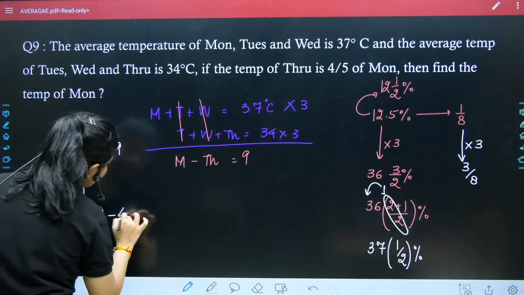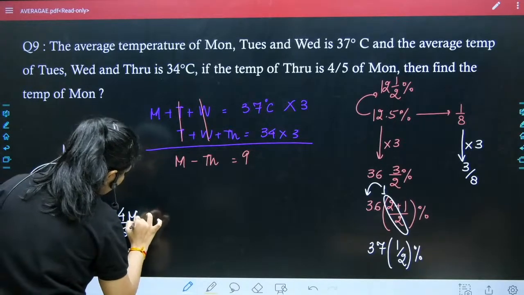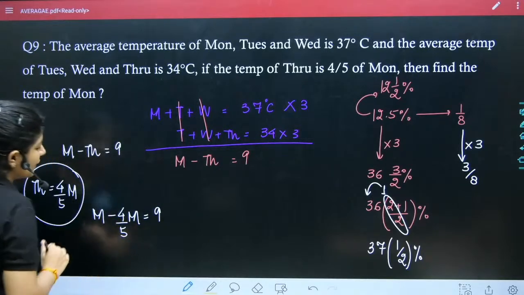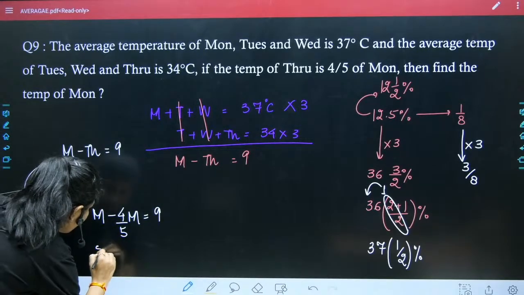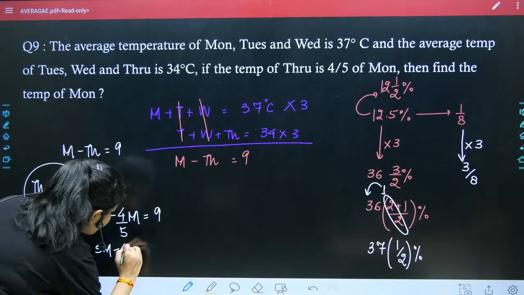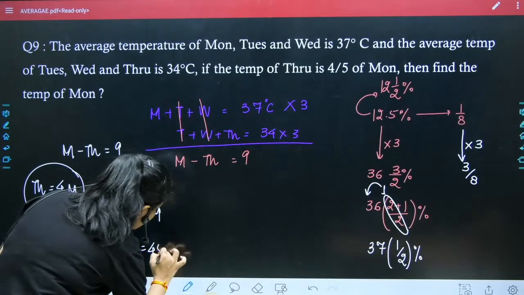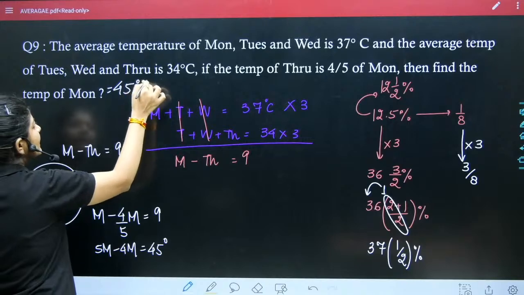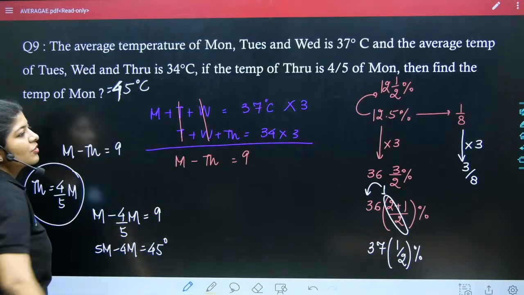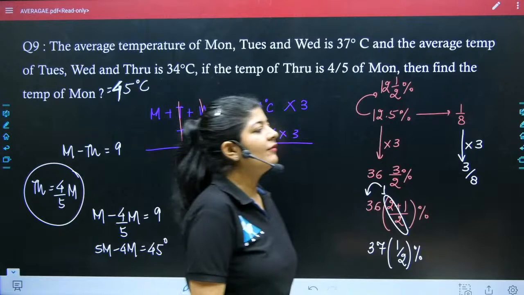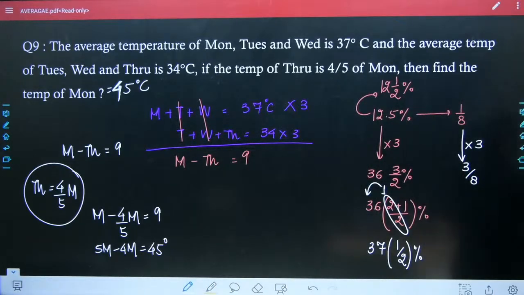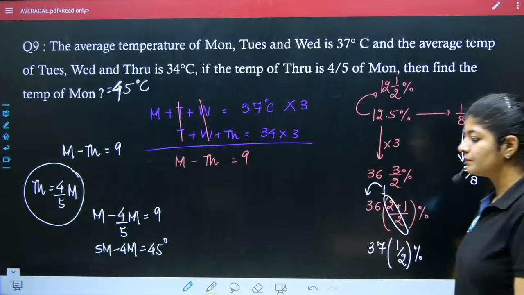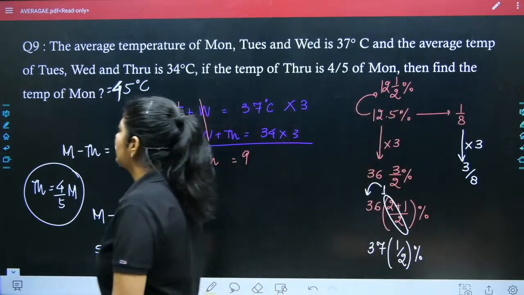So I can write this equation like 5m minus 4m equals 45. That means the temperature on Monday is equal to 45 degrees Celsius. Is it clear?